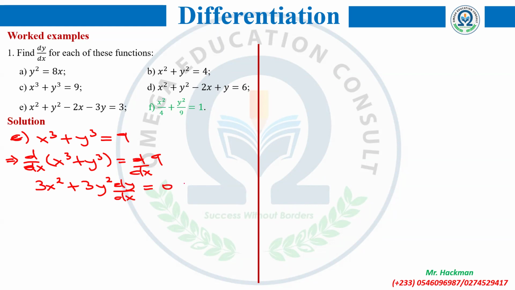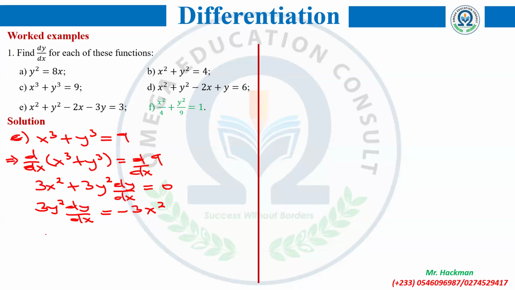So now the rest will just be change of subject. This is positive, so we maintain it here, and move this one to the other side. So that gives us 3y squared dy/dx, isolated, is equal to minus 3x squared. Do you agree? Yes, please. You write it again, then you divide by 3y squared. Do you agree?